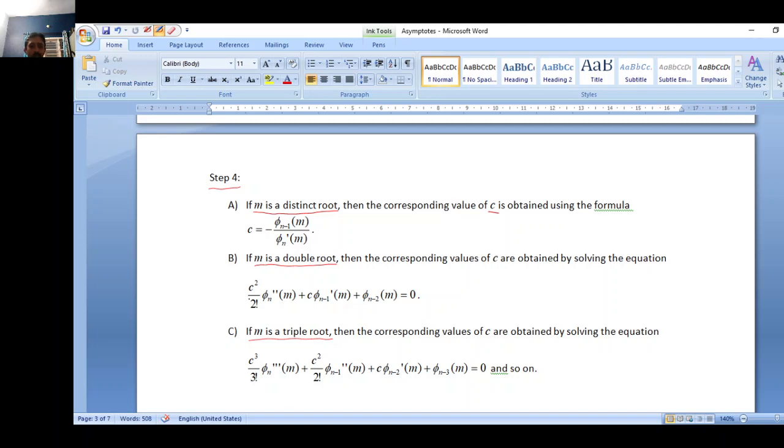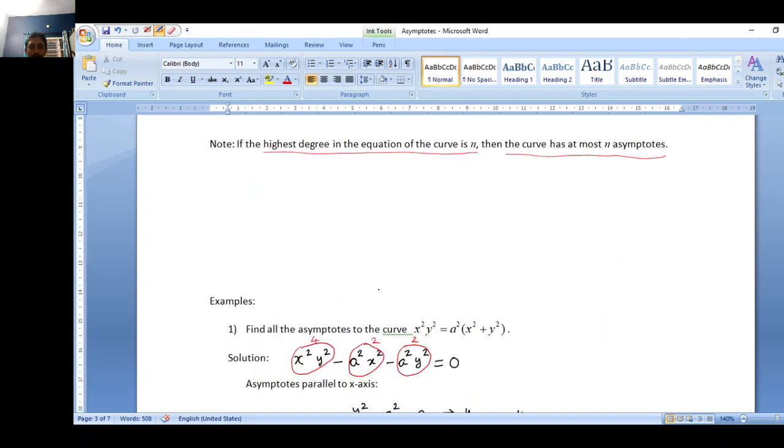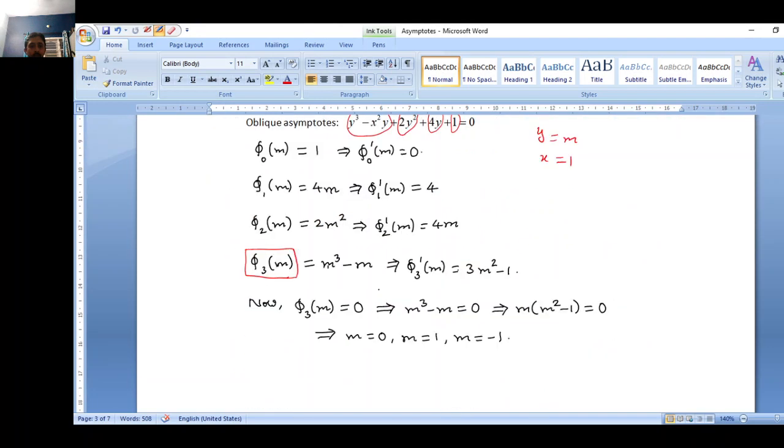Now what is the nature of the roots that we have got in this particular problem? We have got m to be 0, 1 and minus 1. So we have got 3 roots, and each of these roots is a distinct root. Correct? 0 is a root which is distinct from 1 and minus 1. So 0 is a single root or a distinct root. 1 is another root and minus 1 is another root.